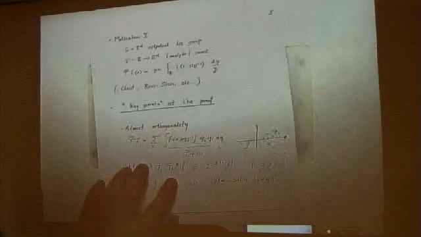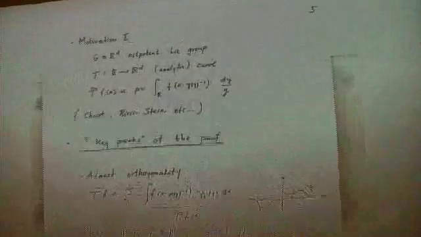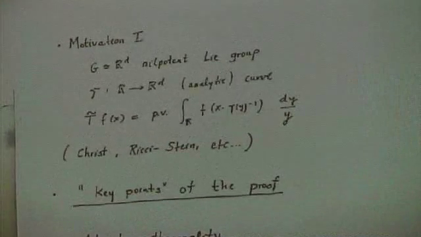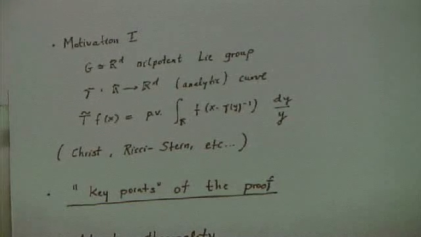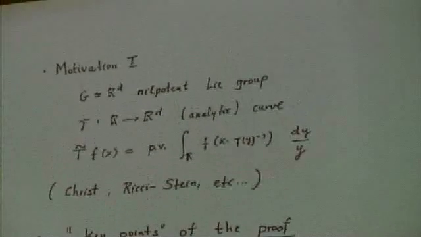So the second motivation is that such operators, of course, can be considered as discrete analogues of Hilbert transforms along curves on nilpotent groups, and there were a lot of results.